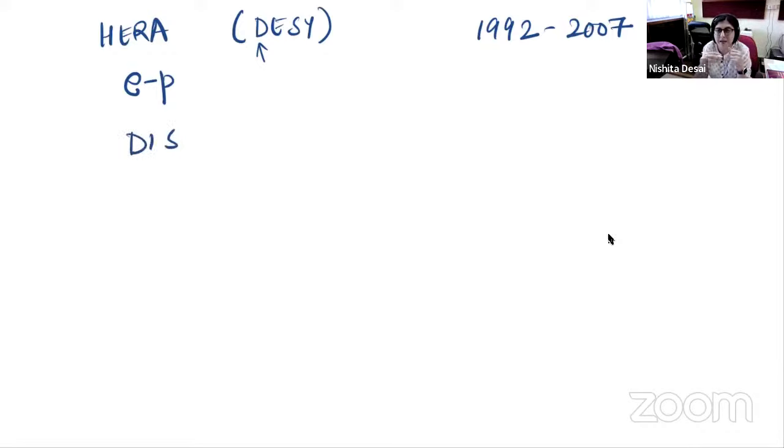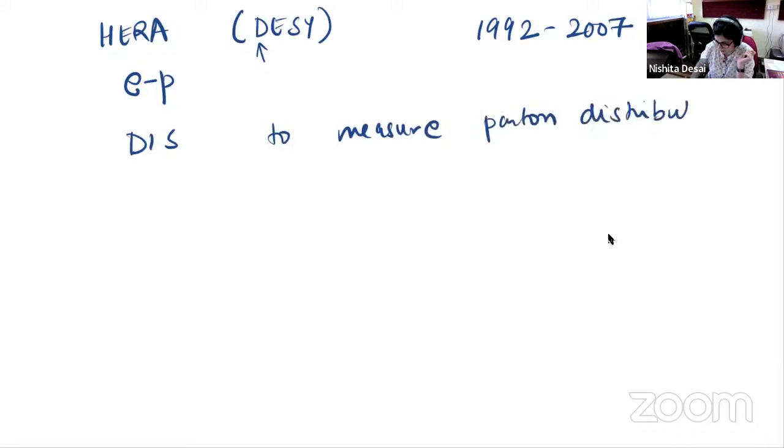This was the ep collision that I talked about earlier, to measure proton distribution functions, that is, to understand the internal structure of the proton. This was an important experiment.